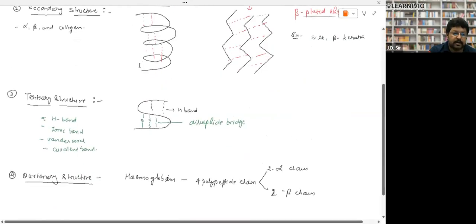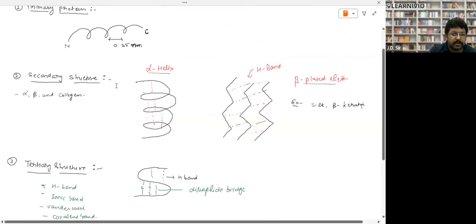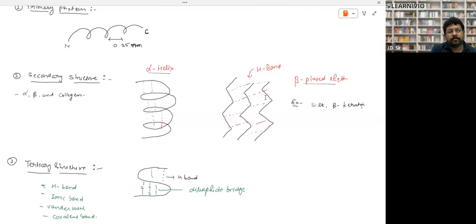Next heading, tertiary structure. Draw both diagrams. For secondary structure, draw alpha helix and beta sheet. Please draw both of the diagrams. Whenever types of protein are asked, if you are writing the answer, then you have to draw all these diagrams, irrespective of whether the question asks you or not.